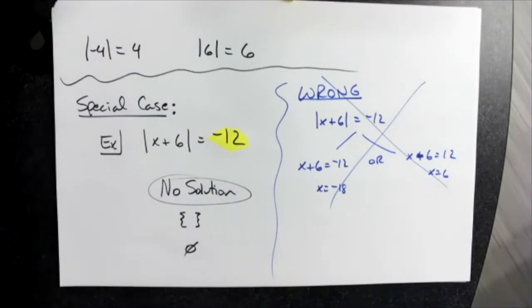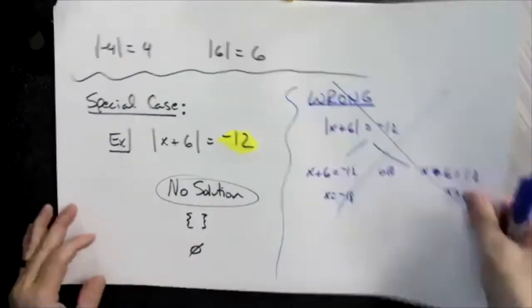Now we've got one more thing to do with absolute value equations. So far I put a constant on the right-hand side every time, but I don't have to.